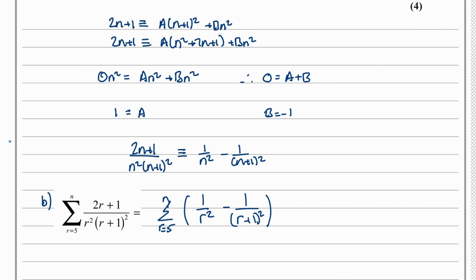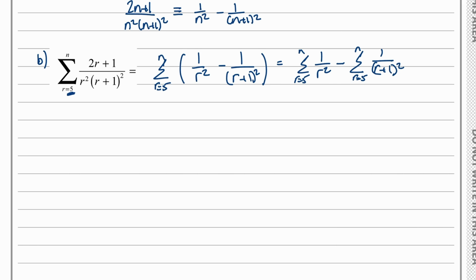And now to evaluate this, we can expand out these brackets. So we've got the summation between r equals 5 to n of 1 over r squared minus the same limits of 1 over r plus 1 squared.